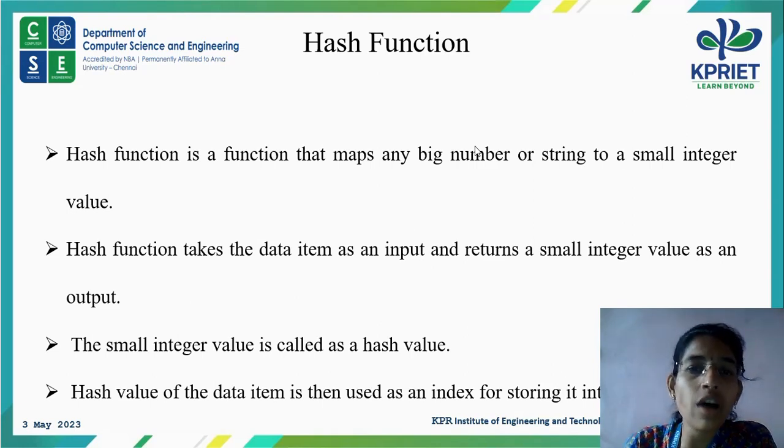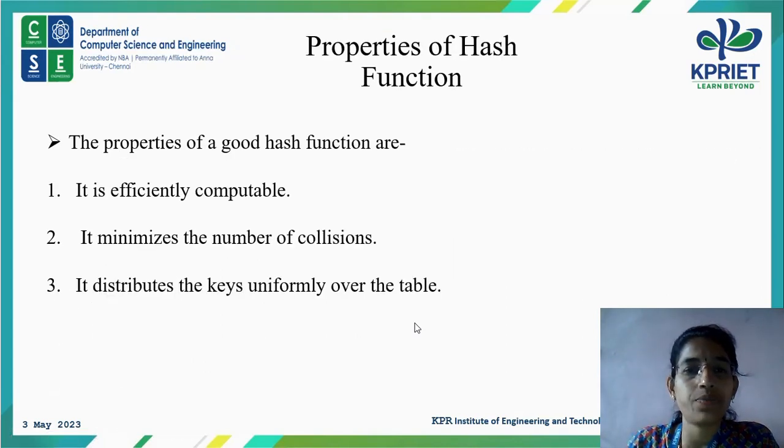This is the size of my table. So we must convert our original data into a particular hash value. The hash function takes the data item as an input and returns a small integer value as an output. This small integer value is known as the hash value. The hash value of the data item is used as an index for storing the value in our hash table.